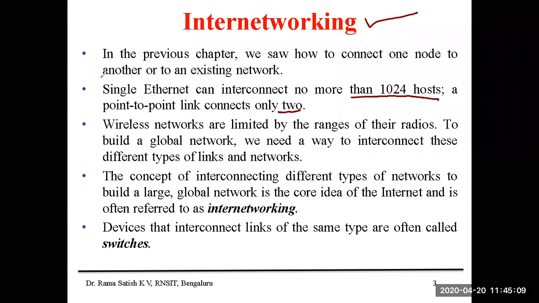The concept of internetworking is the interconnection of such limited networks to expand throughout the globe. The concept of interconnecting different types of networks to build a large global network is the core idea of the internet, and it is often referred to as internetworking.